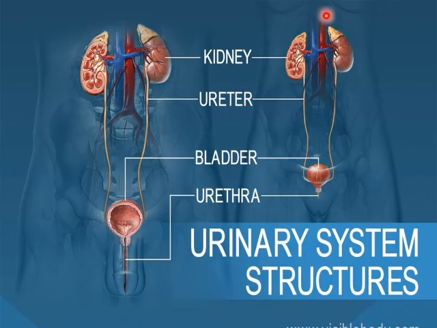These are slender tubes that convey urine from the kidneys to the bladder, and they begin at around L2 as a continuation of the renal pelvis. They are retroperitoneal. They enter at the base of the bladder through the posterior wall.